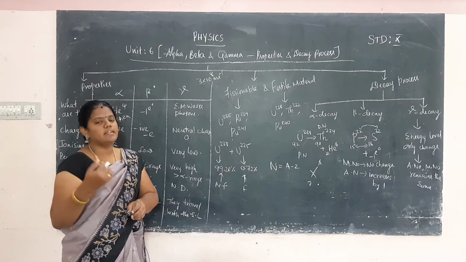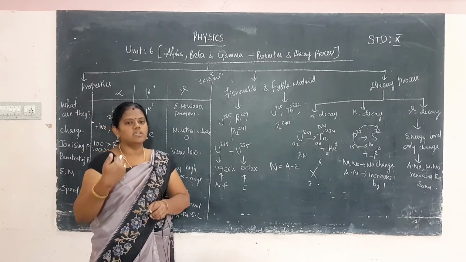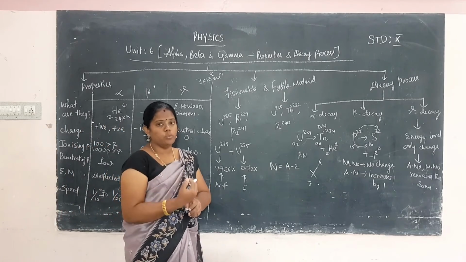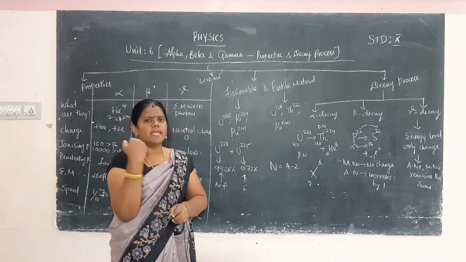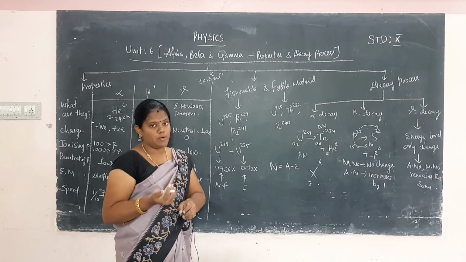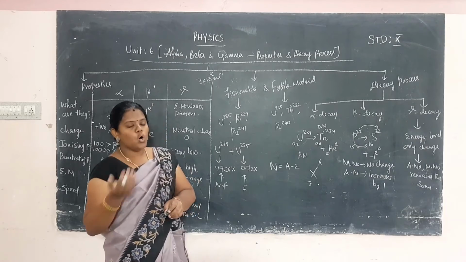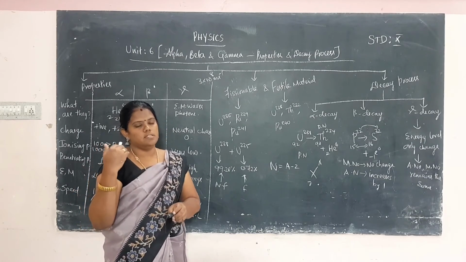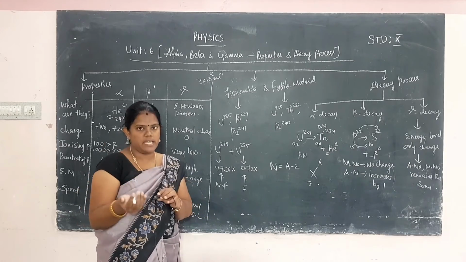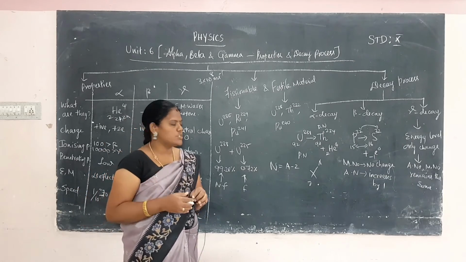A radioactive element decays by alpha emission to form a new daughter nucleus. In beta decay, it emits electrons to produce the daughter nucleus. In the gamma decay process, no electrons are emitted; the atomic number and mass number of the daughter nucleus remain the same, and only the energy level changes.